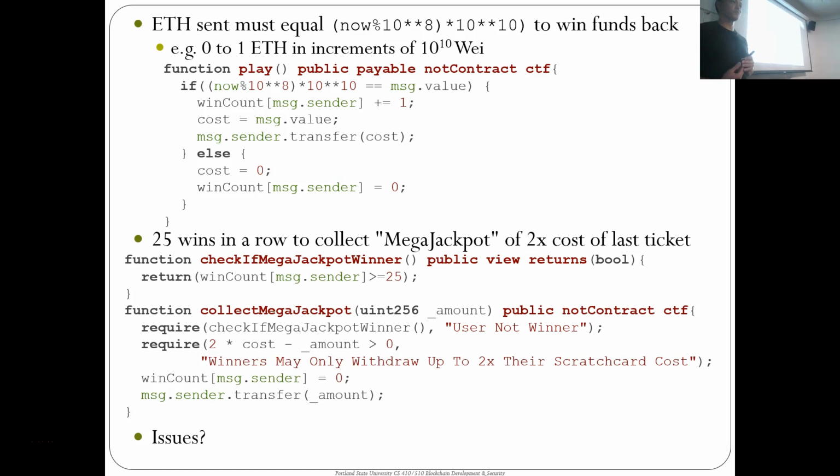Anyone see it? Just to train your analysis. Mm-hmm. That is true, actually, yep. But you would have to do a lot to overflow that. Is there anything else?